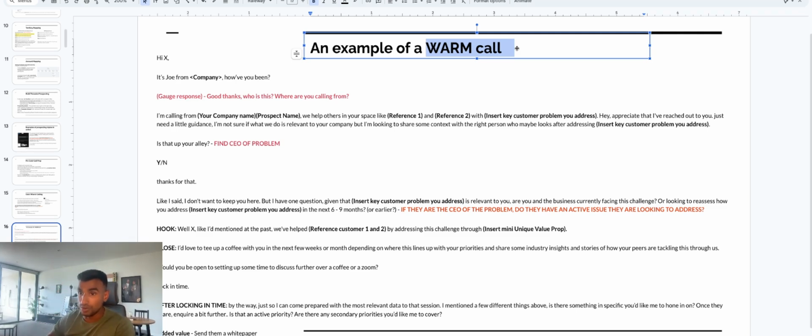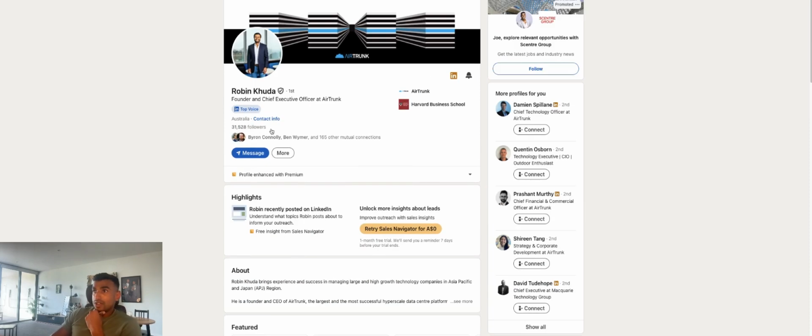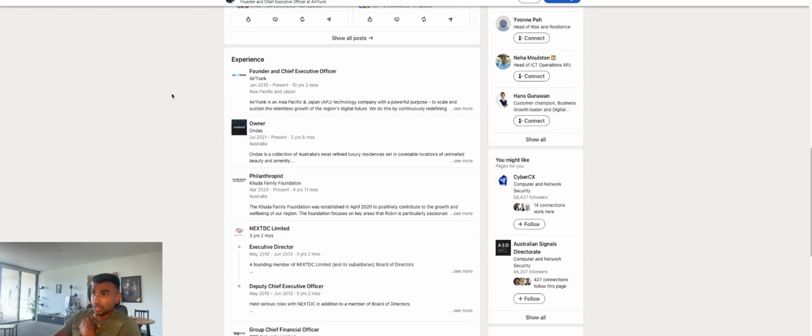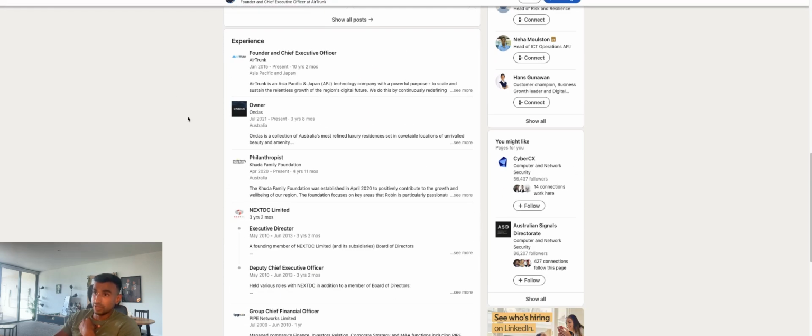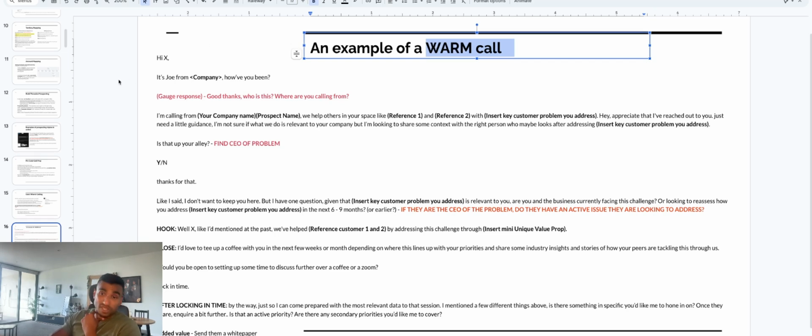So if you know that Robin, we'll use the Robin example again, is the founder of AirTrunk, but you maybe work with NextDC, or you work with someone else. It doesn't have to be someone that he's been the CEO at. Maybe you work with a couple of other industry players that are well recognized. That is the third way that you can warm up this cold call, right?